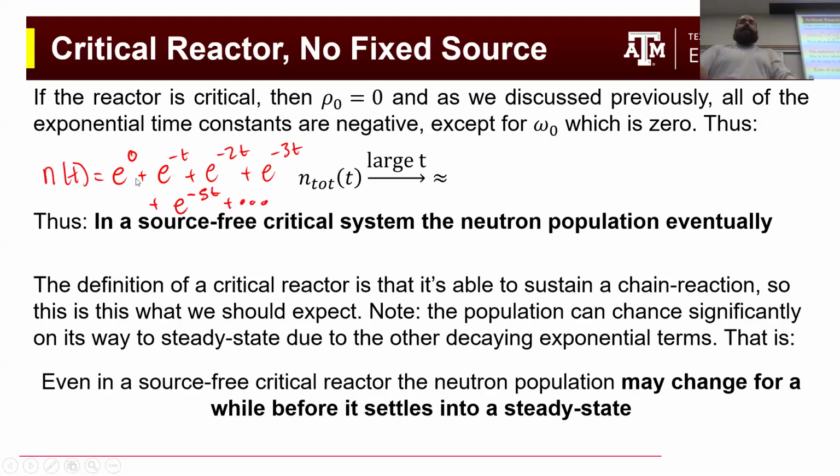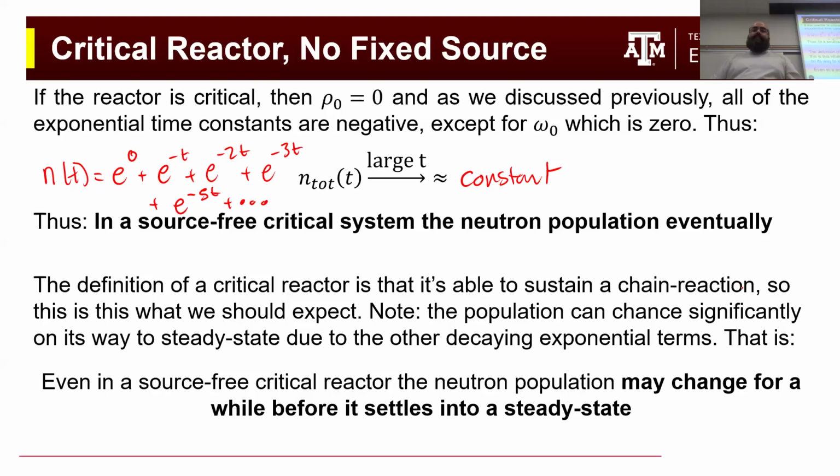If rho zero is zero, that first exponential constant is zero, and all of the other ones are negative. So for this critical system, what's the end behavior as t gets very, very large? As t gets large, all of these negative exponentials decay away, and I'm left with only the first one, e to the zero, which doesn't change with time. So as t gets very big, this approaches a constant.